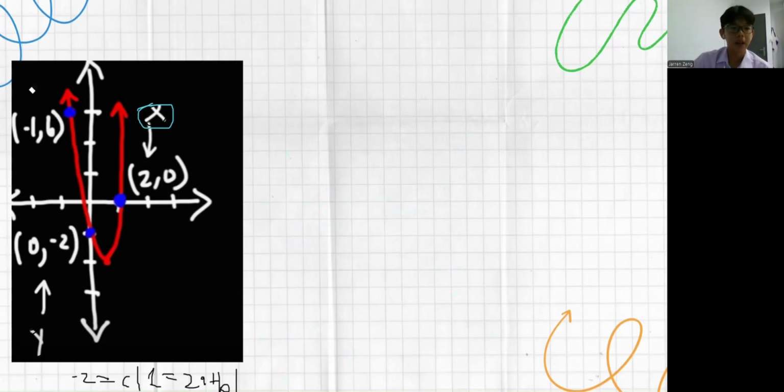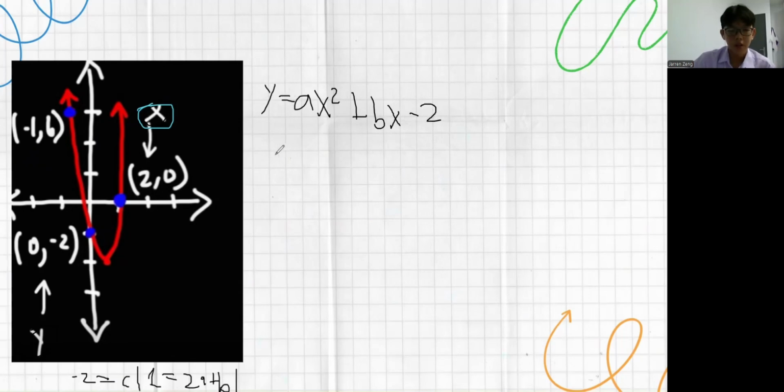Okay, now lastly, we're gonna use this point over here. This point, the minus 1 is the x value and the y is 6. Sorry, I forgot to write this again: ax squared plus bx minus 2.